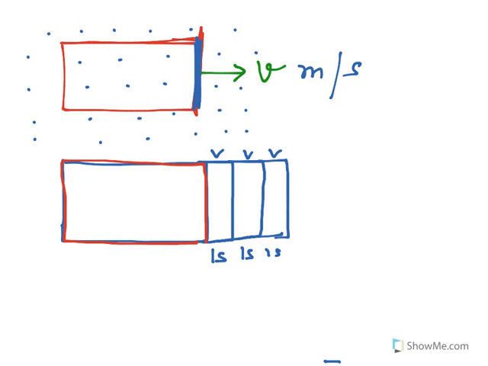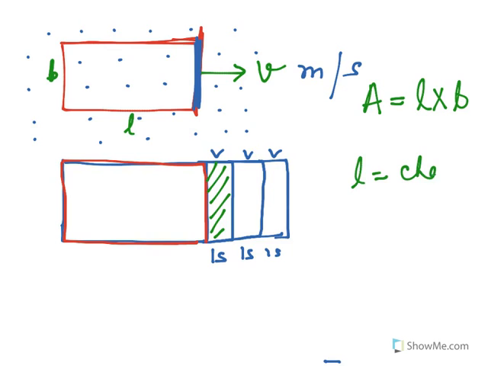So every 1 second the increase in area is v into the breadth. This was the breadth and this is the length. So original area is L into B. Then every 1 second the length changes.